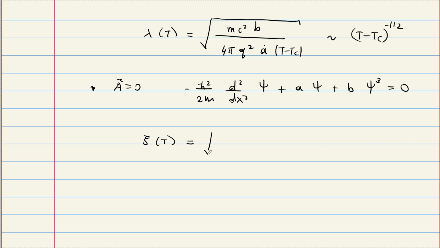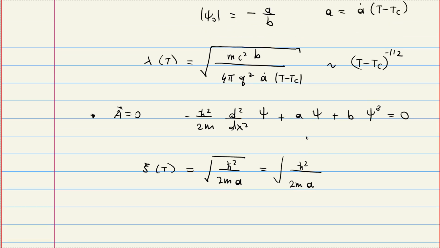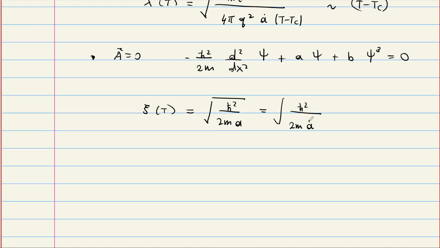It is given by h bar squared over 2m a, where a is a dot (Tc minus T), and this one also diverges like Tc minus T to the minus a half as you approach the critical temperature.